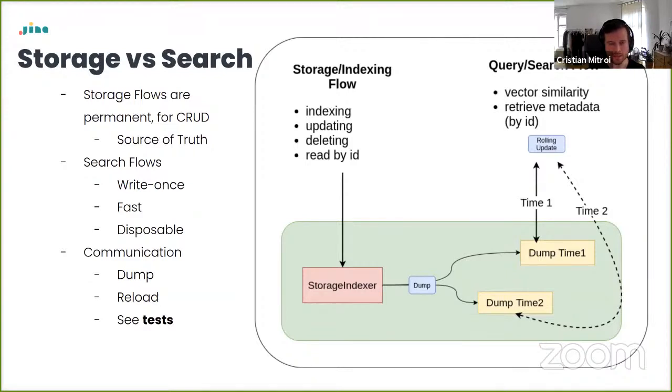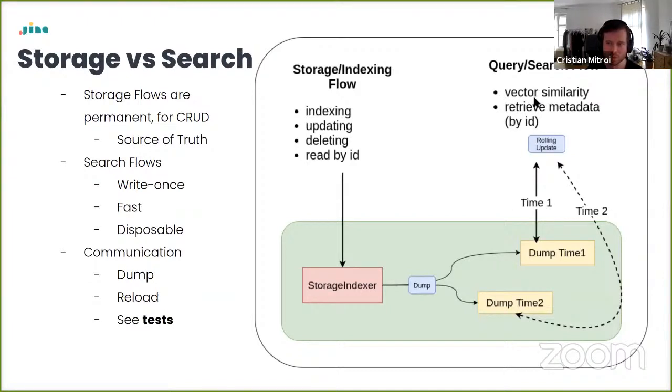So we realized this and we started thinking about it in two different ways and not having them be part of the same flow. So when you store, you perform these operations and you use a storage indexer. And when you want to communicate that there is new data in the storage, you perform a dump operation, which will create a snapshot of your data, which will then be loaded by the search flow.